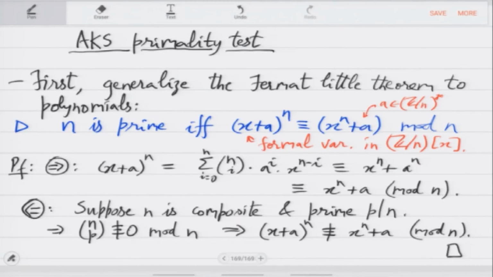Now, can it be used in practice? The problem is (x plus a) to the n has n plus 1 terms. N plus 1 is huge when n is huge. So, it is not really practical at this point.